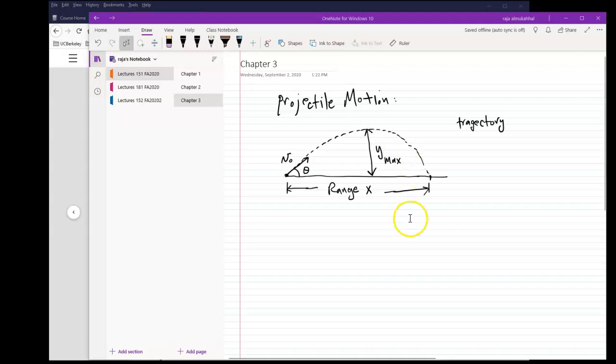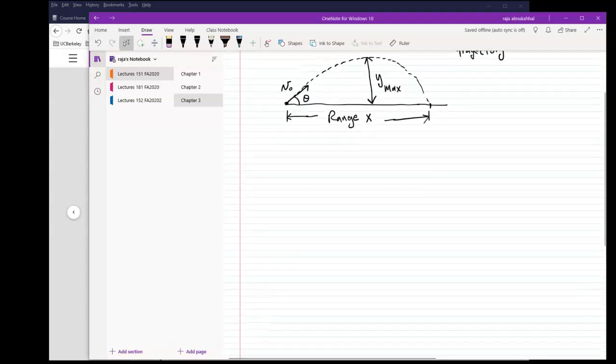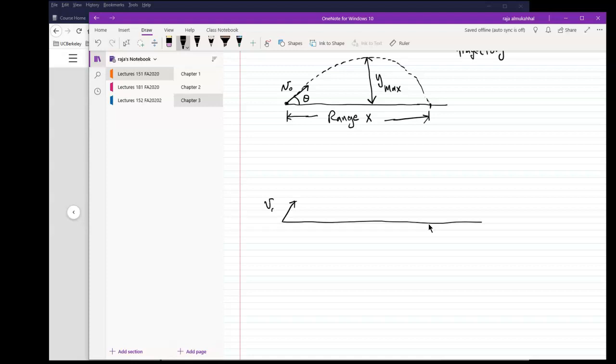Here is how it works. I'm going to draw this again in a bigger picture, because I want to put some vectors there. So let's assume we are throwing it on the surface of the Earth like that, and here is the initial velocity of the projectile. Here is the angle theta, and let's assume it takes this parabolic path, like that. I'll take the angle out for a minute.